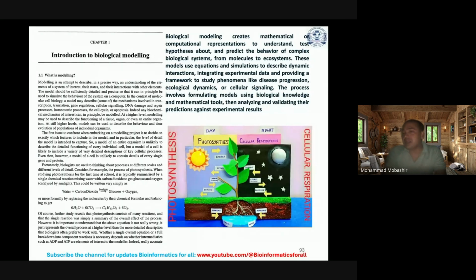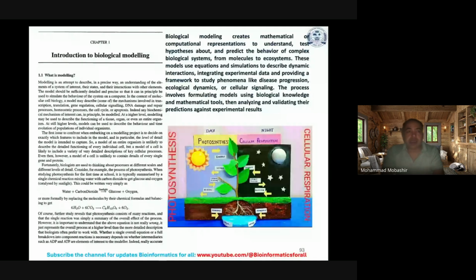These are additional things, but as a layman, as a beginner, you need to understand water plus carbon dioxide gives you glucose and oxygen in the presence of light, or in a simplified way, in daylight, during daytime.